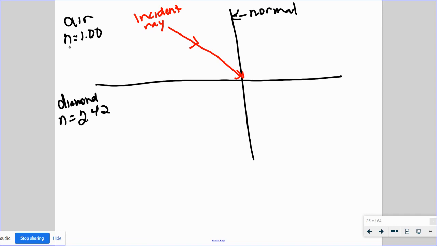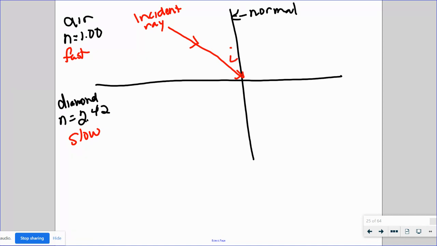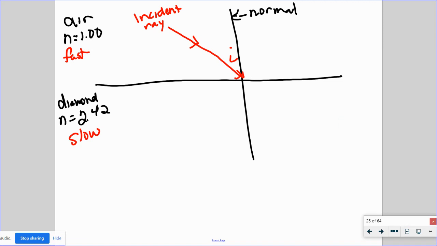This number is smaller than this one, so this one is fast, whereas this is really slow. When the light comes in, this is the angle of incidence. Since it's slowing down, it's going to bend toward the normal.